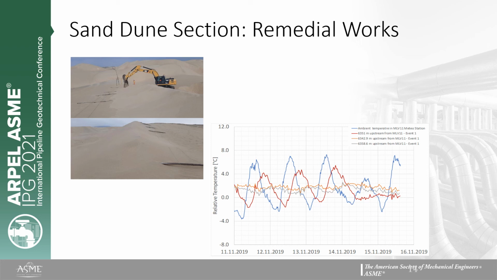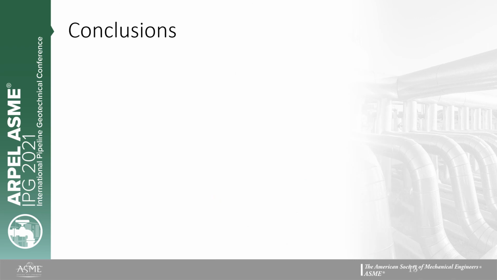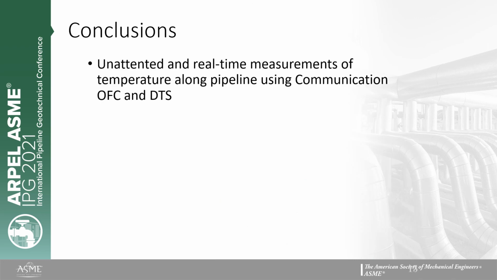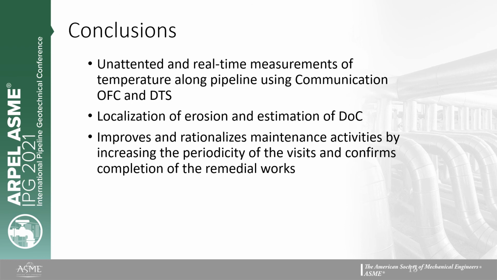So these last comments lead me to the conclusions, and we have been using an unattended real-time measurement system to monitor the temperature along an optical fiber cable. That equipment allows the localization and the detection of erosion, but thanks to the post-processing, we can also estimate what is the depth of cover.